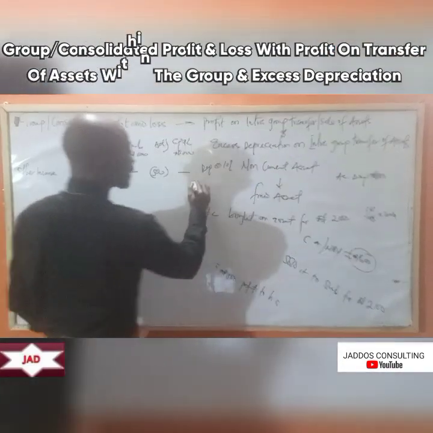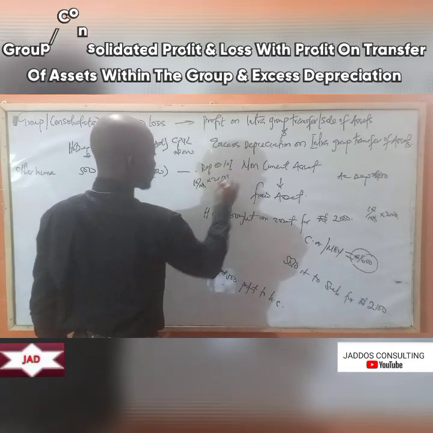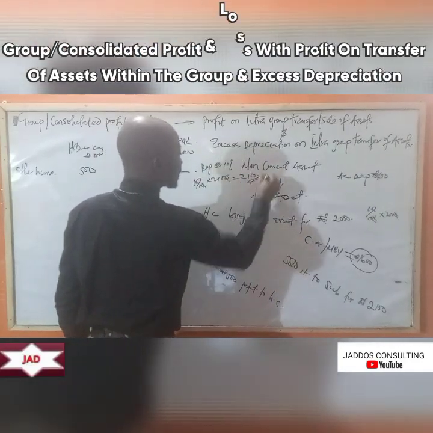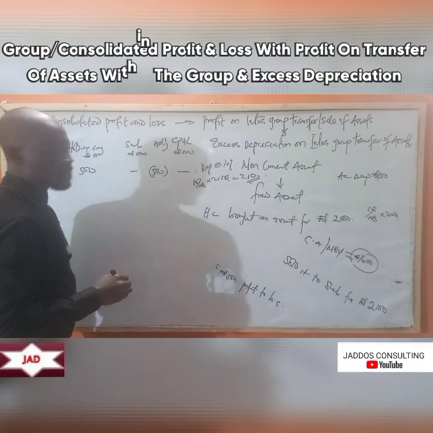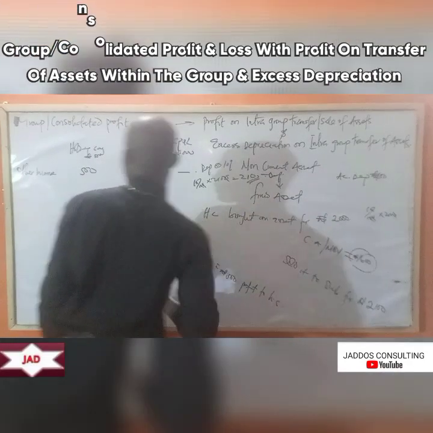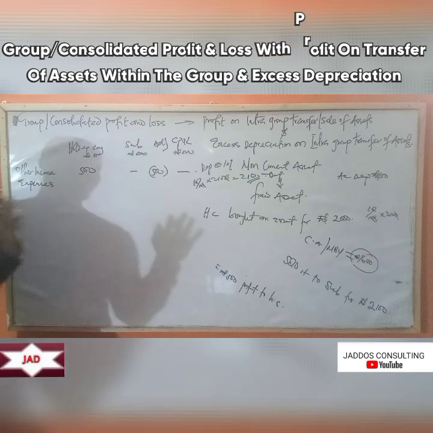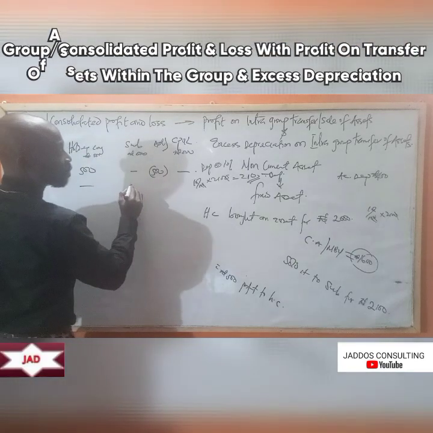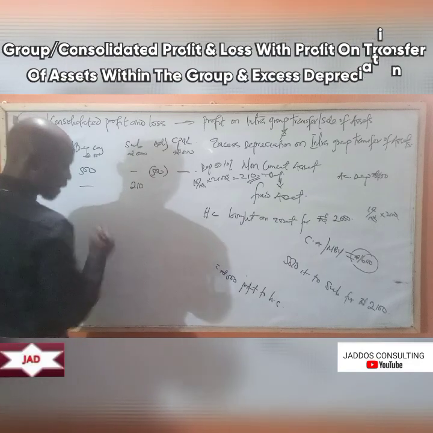So 10% of 2,100 is 210 per year. Of course, this is depreciation, and depreciation is an expense. So the subsidiary would have entered 210 as an expense.